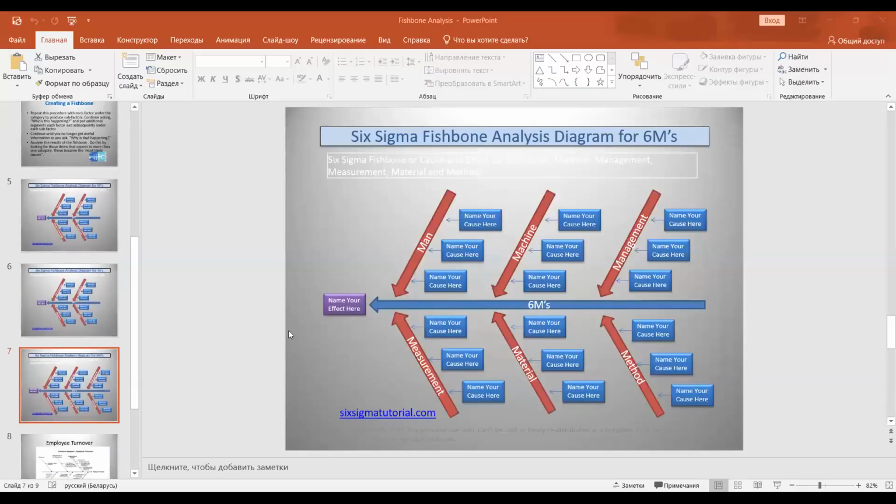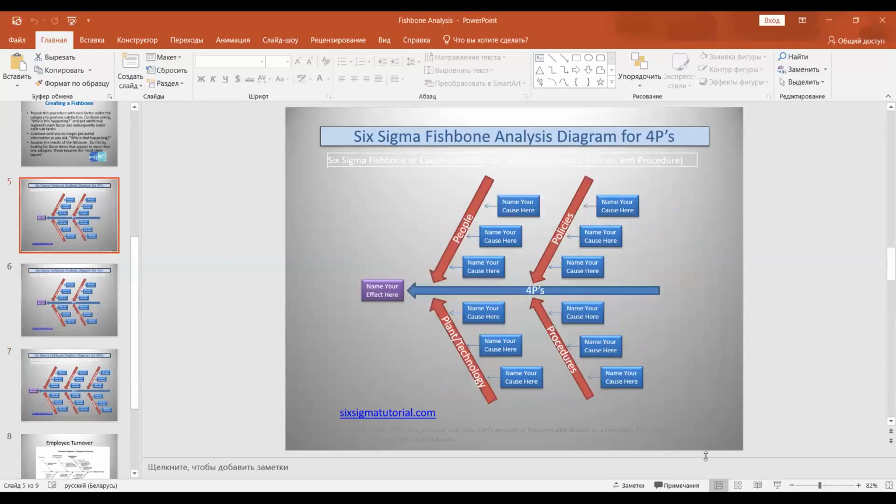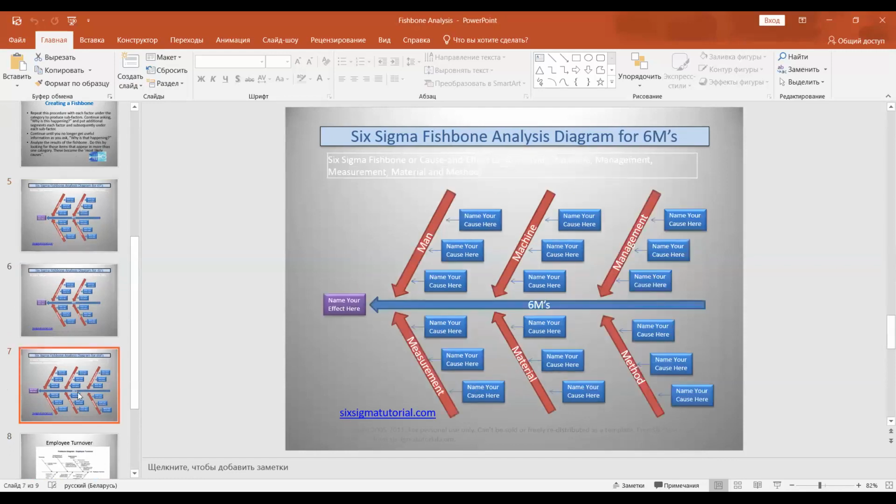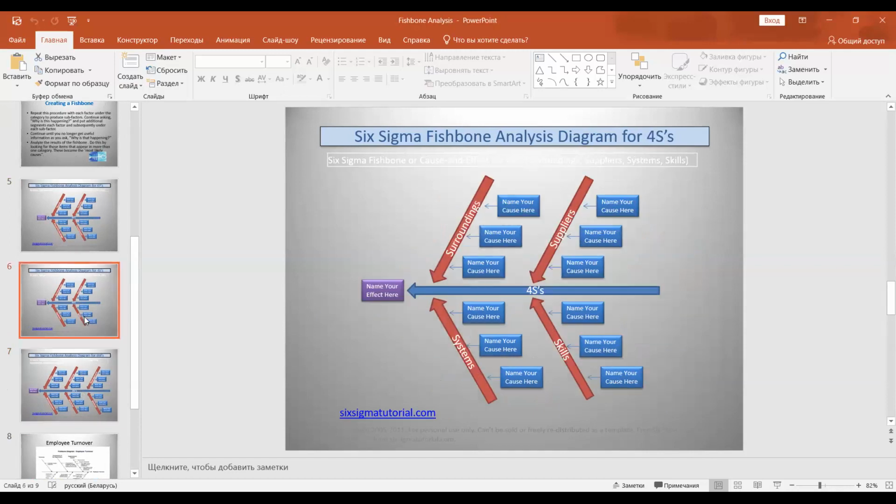So let's see which of these we can use. Maybe not this one. Well, actually, Esther, you can use which one? Any of the models here.